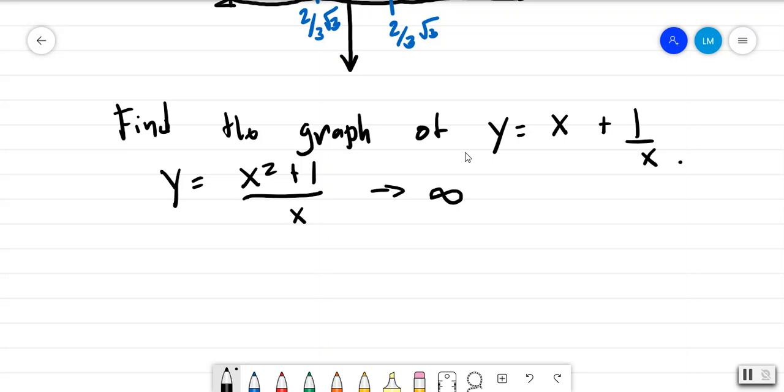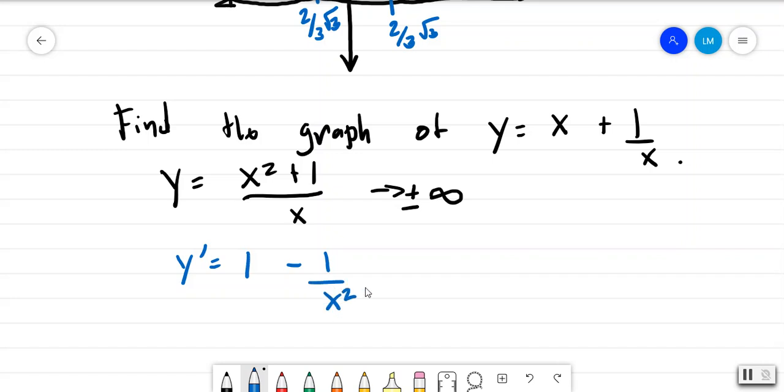Okay, so I'm just going to put plus or minus infinity. The way in which we're going to do this is that we're going to look at the first derivative. So the first derivative says that I have 1 minus 1 over x squared.